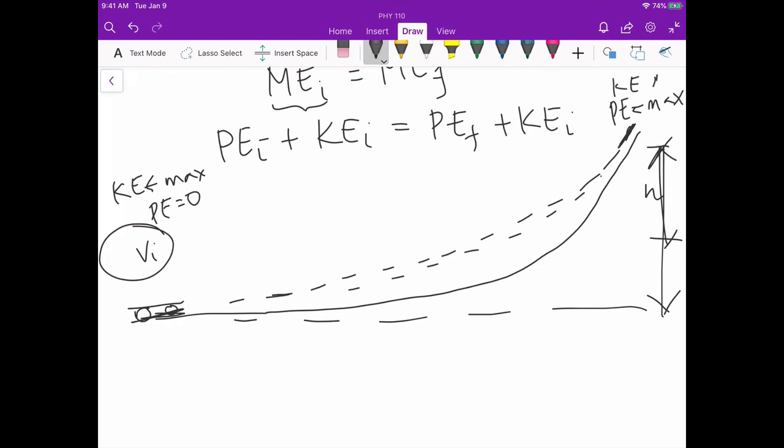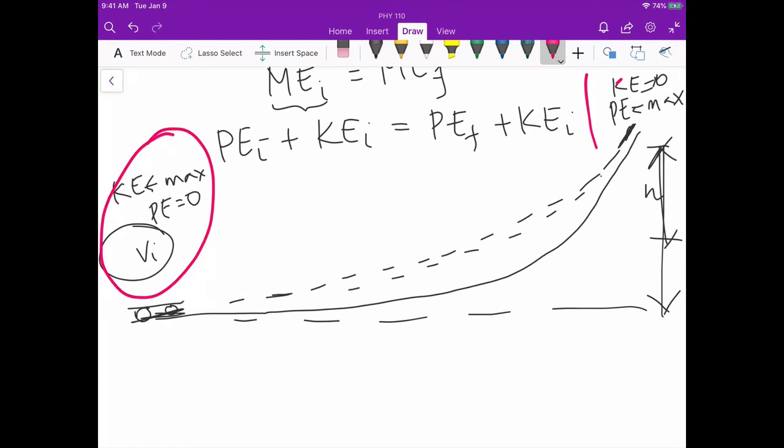Why? Because if you see them doing it, it goes up to a certain height and then they come back. Before coming back, they have to stop for a moment. So the kinetic energy there is zero, because the final velocity is zero, and the potential energy is maximum.